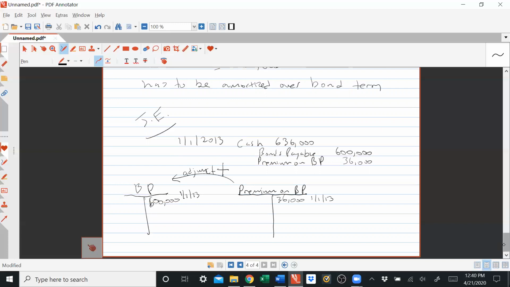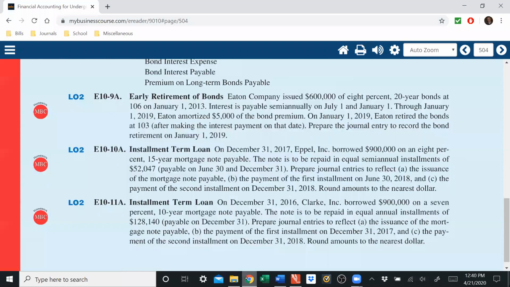Now, every 6 months, Eaton has to pay interest to the lender. When they pay the interest, that's when they reduce the premium on bond payable. So on July 1st, 2013, they're going to reduce a portion of this premium. When are interest payments due?